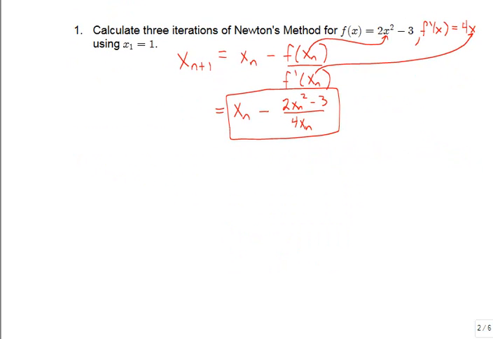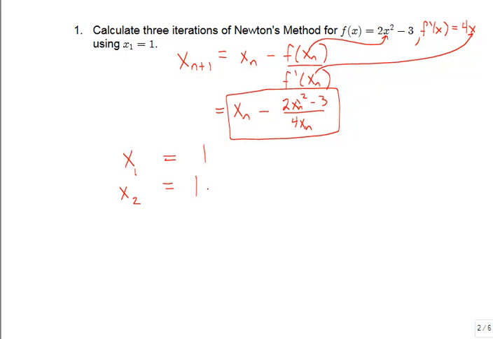So let's make a little table here. Our x sub 1 is going to be that first guess, 1, and they told me what to use there. So x sub 2, according to this formula, I'm going to take x sub 1 and put that here, here, and here. So x sub 1 was 1, so I want to put a 1 here, a 1 here, and a 1 here.